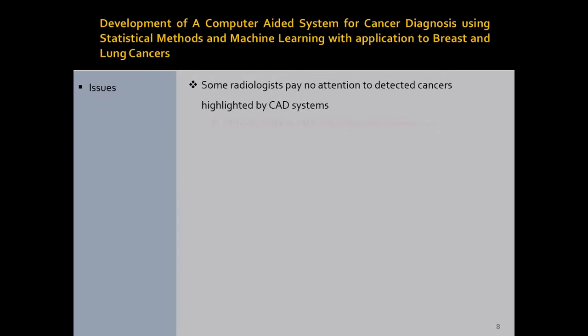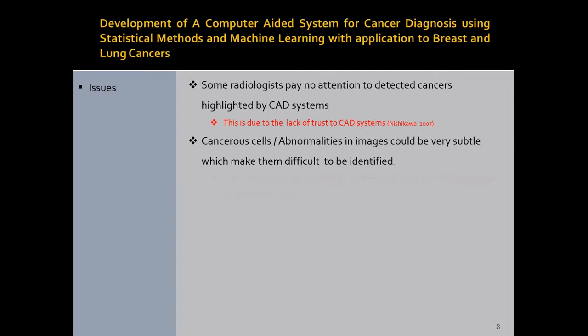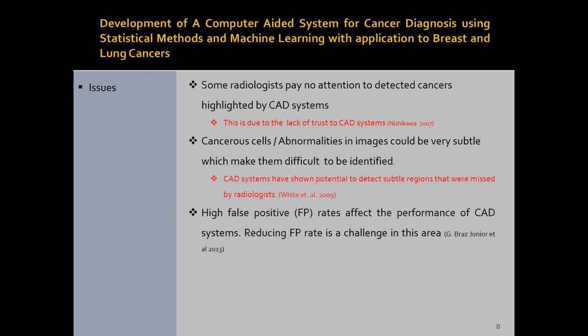Some radiologists pay no attention to the detection of cancer because there is a lack of trust between the computer system and the radiologist. Cancer cells and abnormalities in the images could be very subtle, extremely small, so they cannot be detected by a human being. So we need a computer to help us.